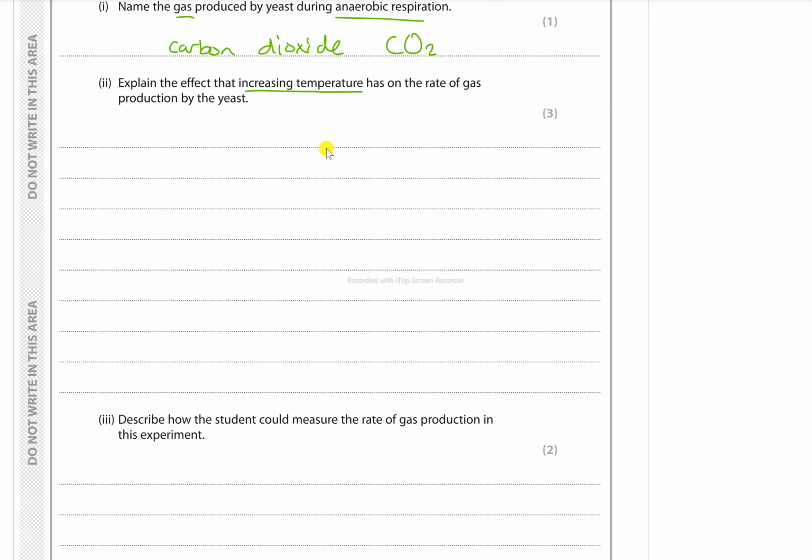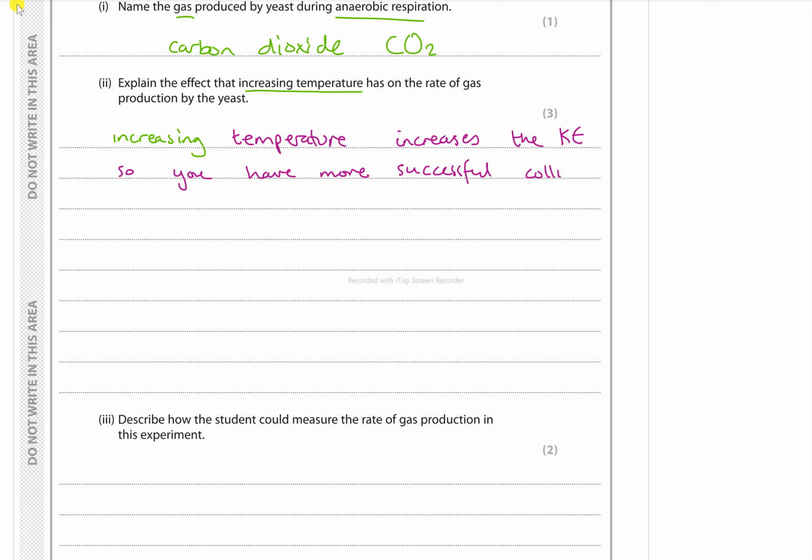Increasing temperature increases the kinetic energy, so you have more successful collisions per unit time. Up to an optimum temperature.